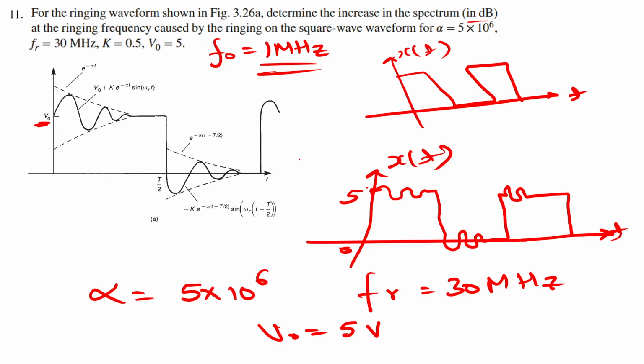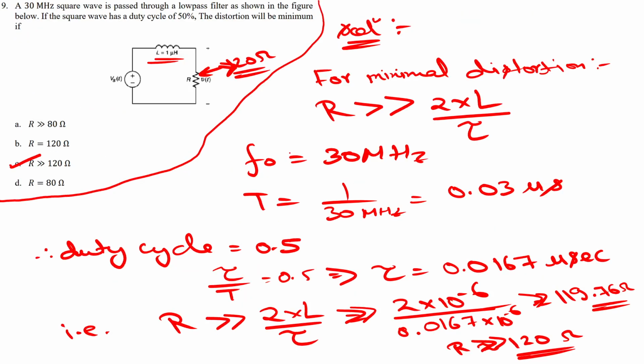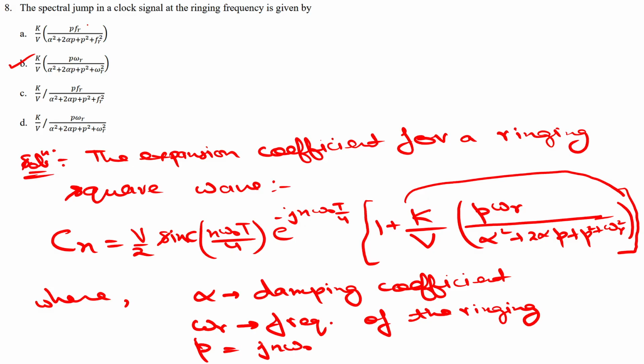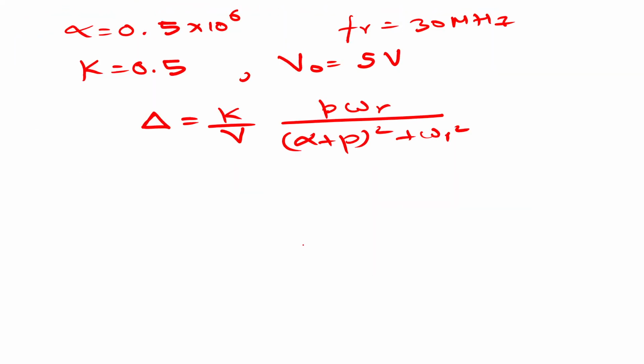So this is what I'm writing from the previous question, where it was asking the spectral jump in a clock signal at the ringing frequency. So it is given by this. I'm just rewriting it in this form, but the problem asks for it in dB.